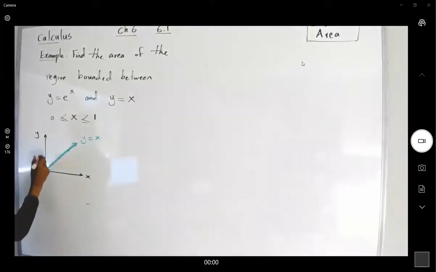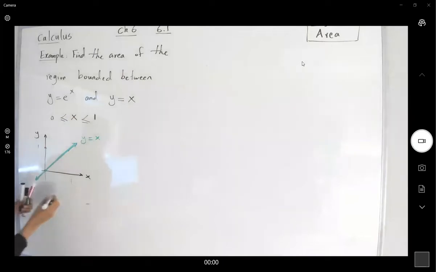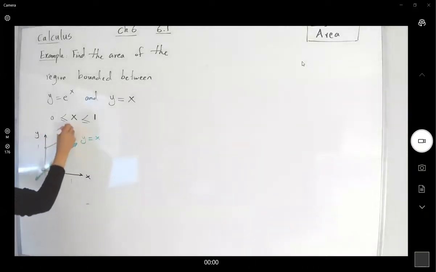Okay, here I have my 1, and then e to the x. So this is my 1, and this is my 1 here. Your function is going to be like this. So this part of the function, this is my e to the x.